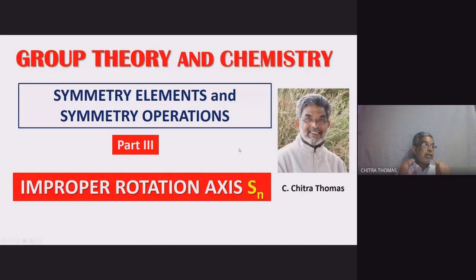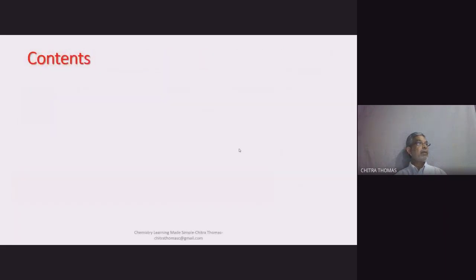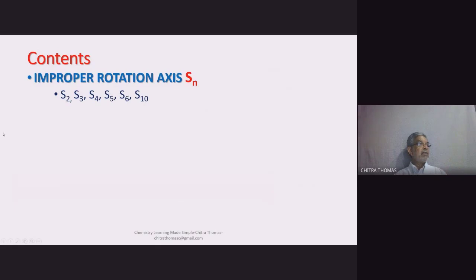This is presentation number 3, symmetry elements and symmetry operations. Part 3, improper rotation axis Sn. Contents: improper rotation axis Sn, the S2, S3, S4, S5, S6 and S10.